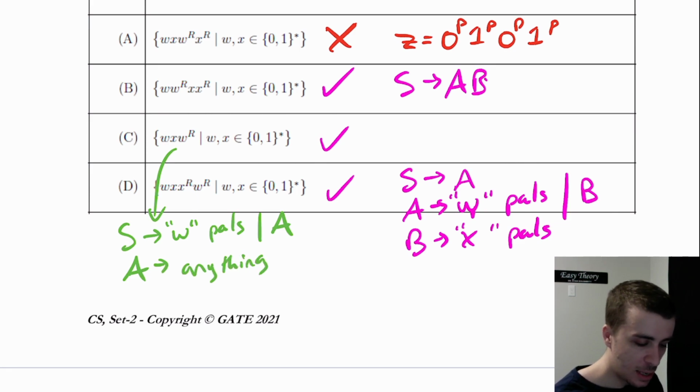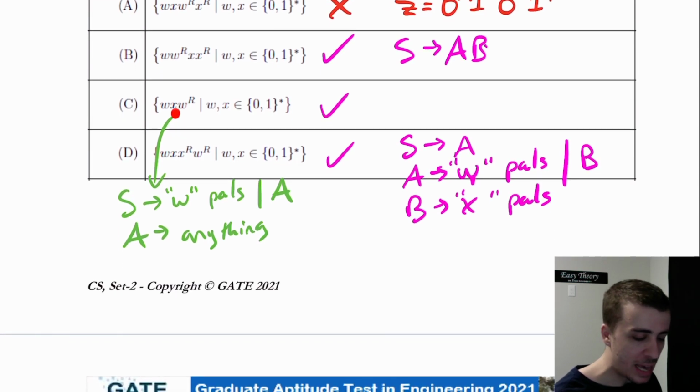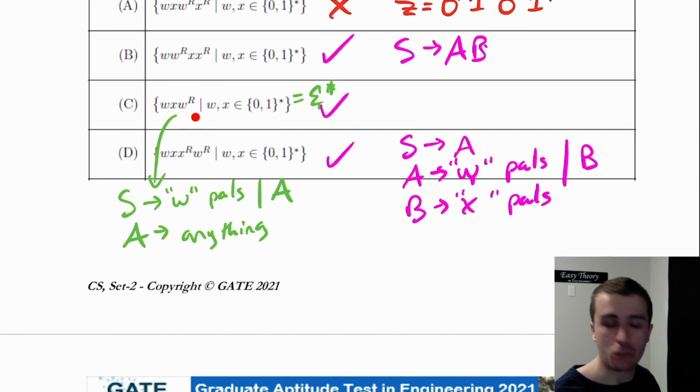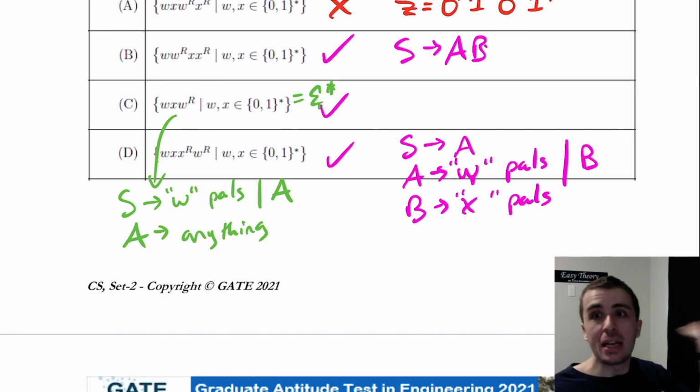And the reasoning for that is the X piece doesn't have any dependency whatsoever, so it can be technically anything. In fact, this language, I just realized, is equal to sigma star. And why is that? Well, just let W be the empty string, and then X is just any string now. So now I can make any string.